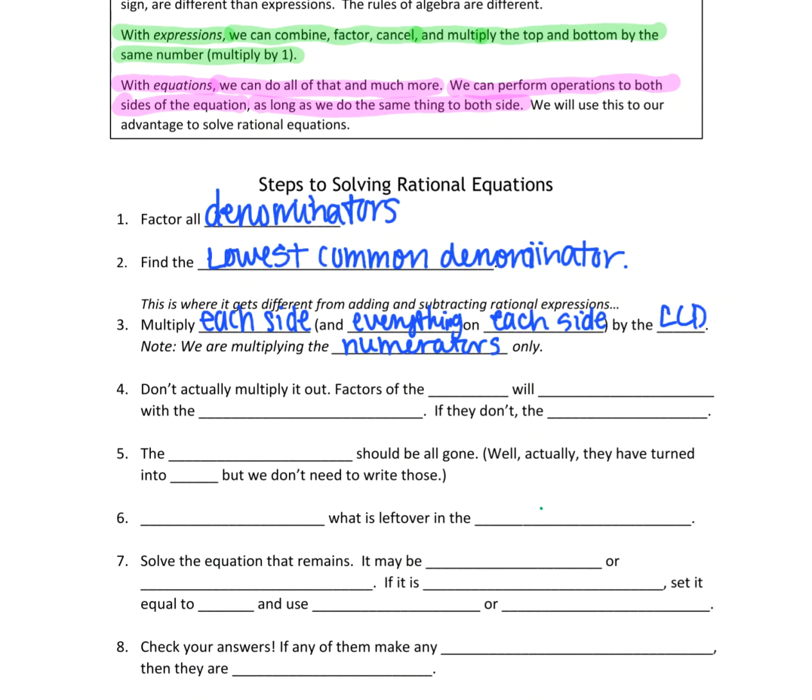So factors of the LCD, the lowest common denominator, will cancel with the denominators. And when that happens, no more denominators. If they don't, then the LCD is wrong. You picked the wrong thing. It will happen.